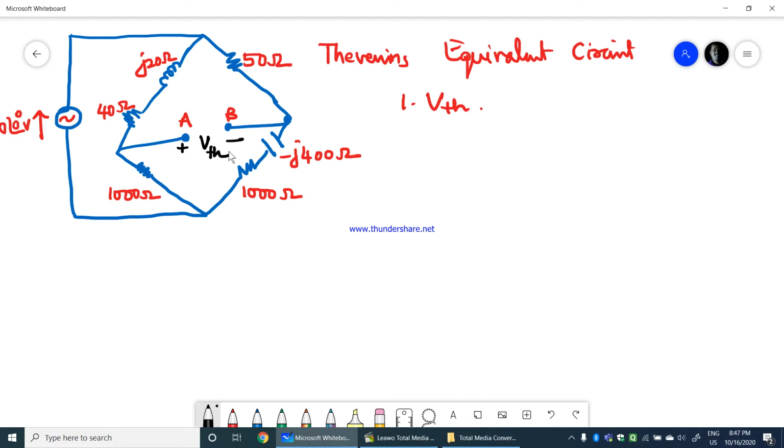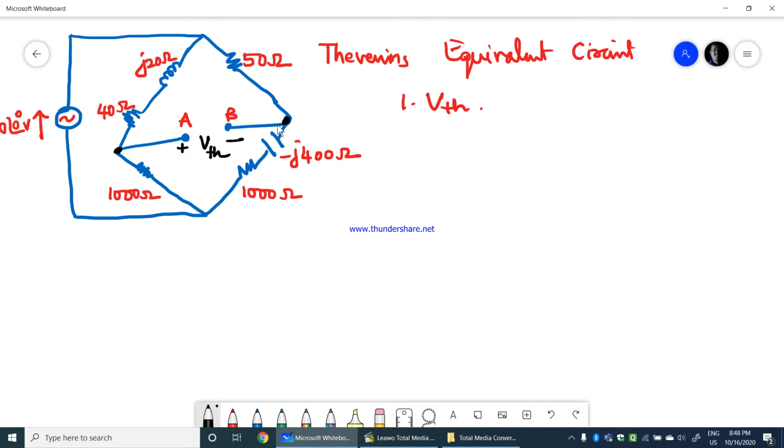If you try to think what VTH is, it is the voltage at the middle stage, whatever it is given. So I would say the voltage VA would be the voltage at this terminal, and voltage VB is the voltage at this node.